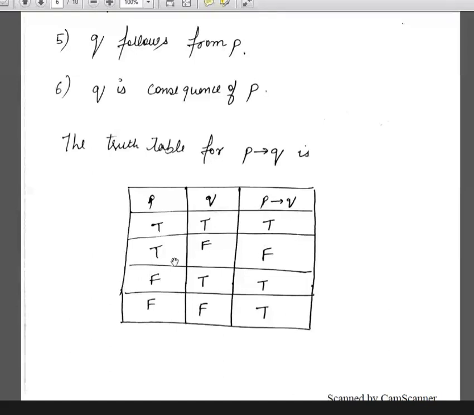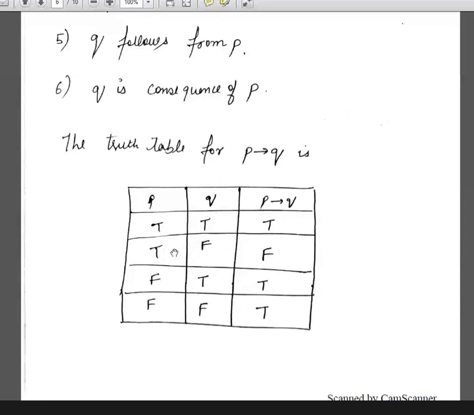Same example I already gave you in the last class. If tigers have wings, they can run. It doesn't matter that tigers have wings, but tigers can run. So we have to create an example with the if condition true and the conclusion false.